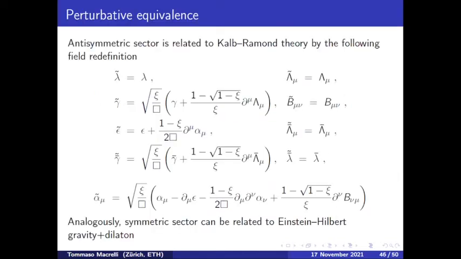And so we focus first on the kinematic part of the action. So the antisymmetric sector is related to Kalb-Ramond theory by the following field redefinition. And we have analogous expressions that I omit here in the slide since they are lengthy. You can see them in the articles, for Einstein-Hilbert gravity plus dilaton related to the symmetric sector.